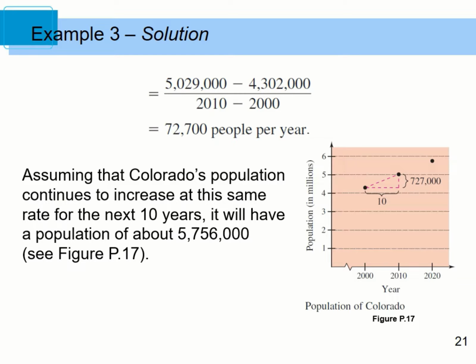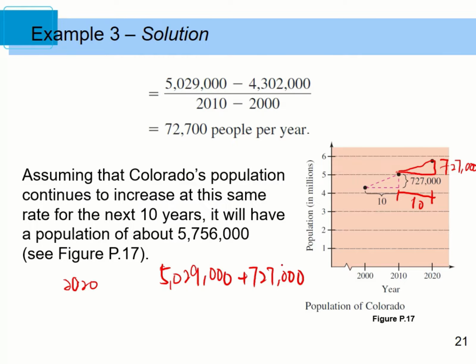Therefore, for the year 2020, we are going to add another 727,000 to the 5,029,000 here. And this gives us 5,756,000.